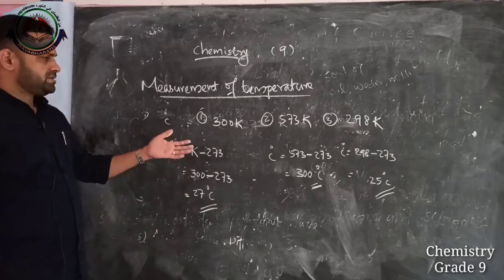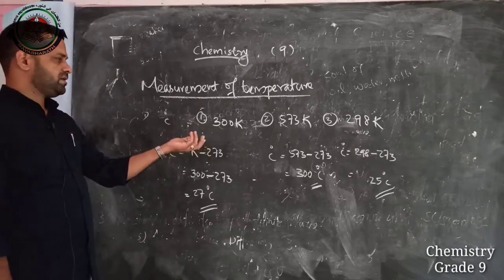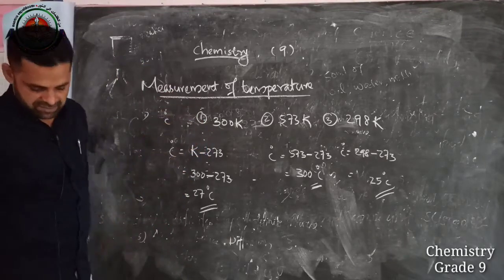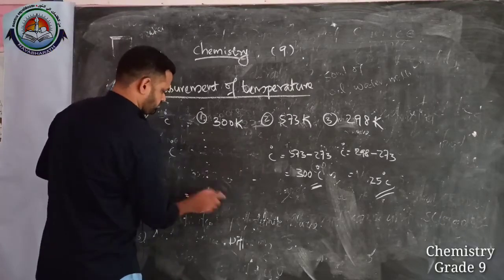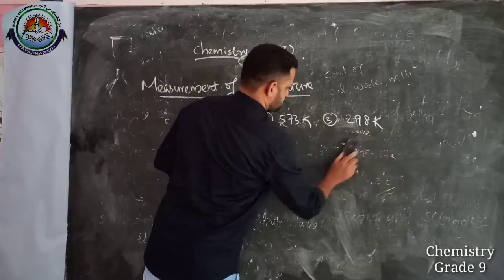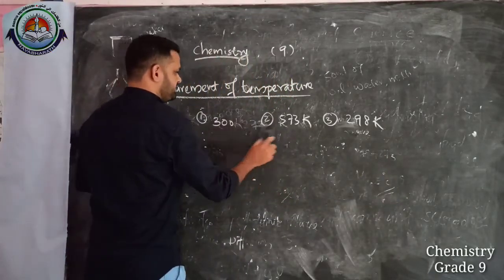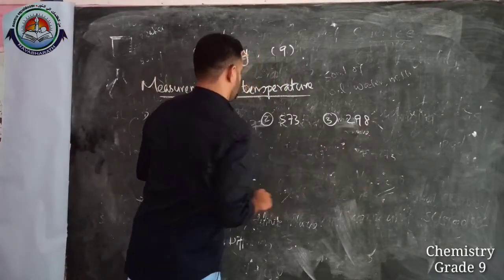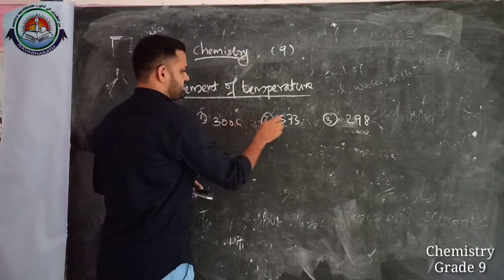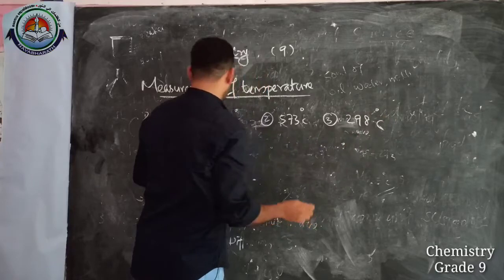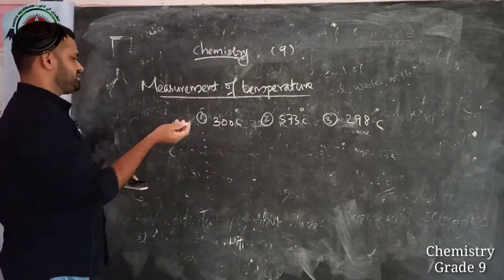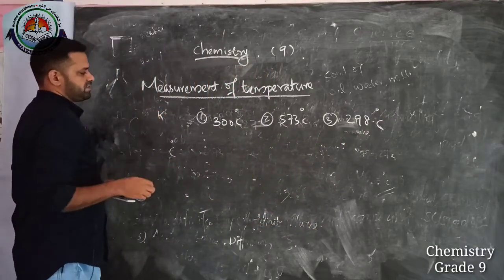In some cases, degree Celsius may be given and you have to convert into Kelvin scale. How? For example, if all these are degree Celsius, then convert this degree Celsius into Kelvin scale.